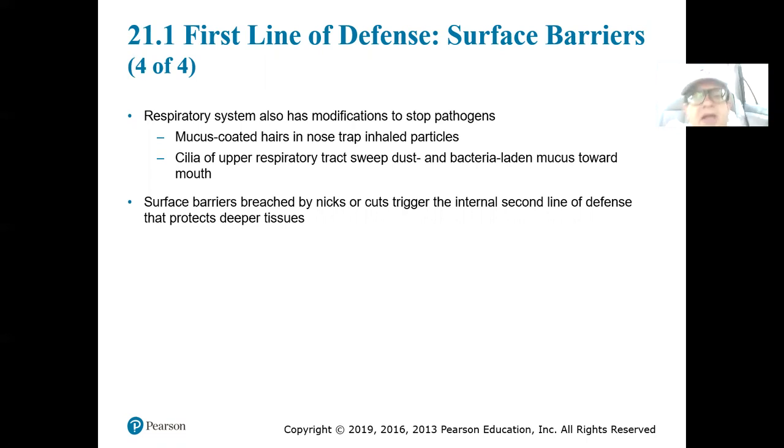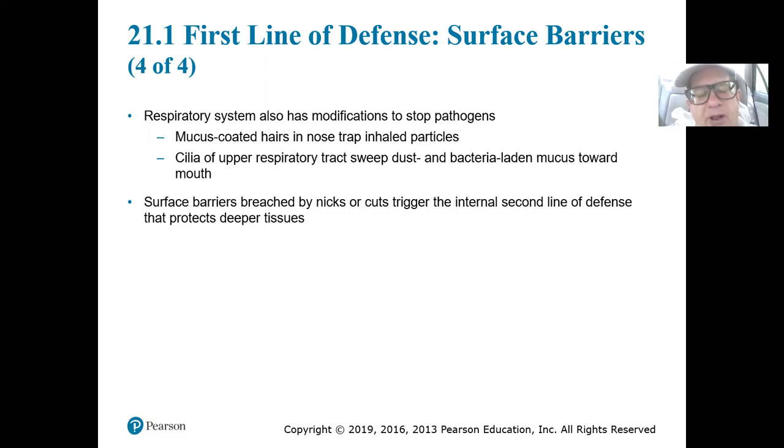But what they're doing is moving the dust and the bacteria captured in the mucus upwards towards the mouth. Why? Because then you can swallow them down into the stomach, and the stomach acid will kill the vast majority of invading pathogens, invading microbes. Obviously, things like the Helicobacter pylori are going to survive if you have that, but most things are killed by stomach acid.